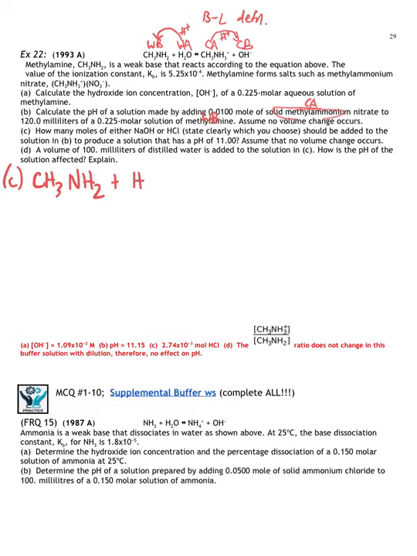So here's my weak base reacting with my strong acid. I know it's an acid that I'm adding to my solution because the pH went down upon adding that acid. And so this is a neutralization reaction. You're forming your conjugate acid of the weak base, which is methylammonium.